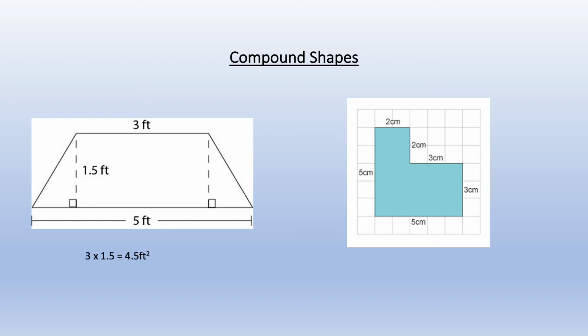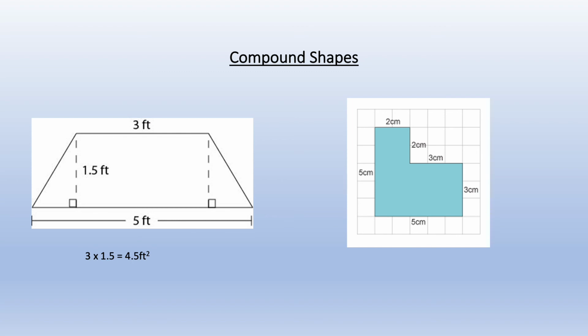And then we can work out the two triangles, remembering that the area of a triangle is half times base times height, and the difference between the 5 feet base and the 3 feet top is 2 feet, which can be shared equally between the two triangles, giving them a base of 1. And we can put this into the formula.